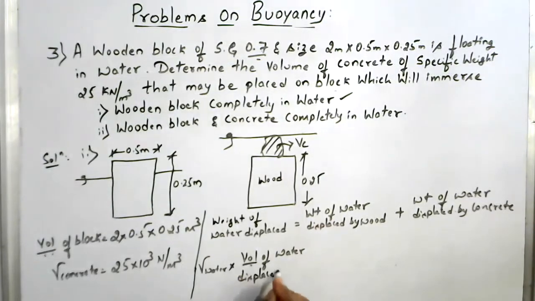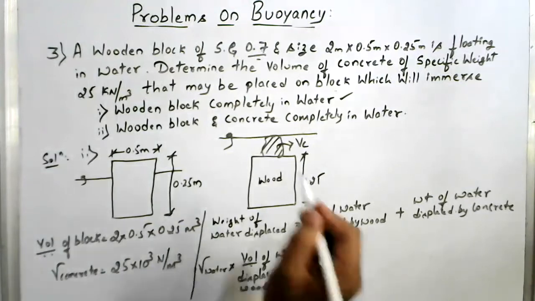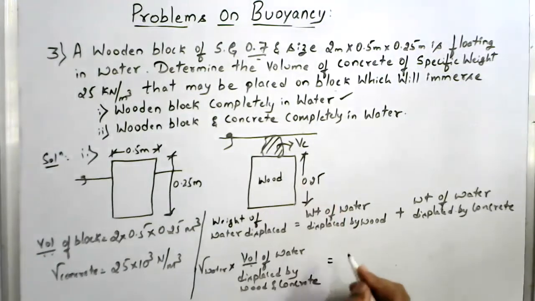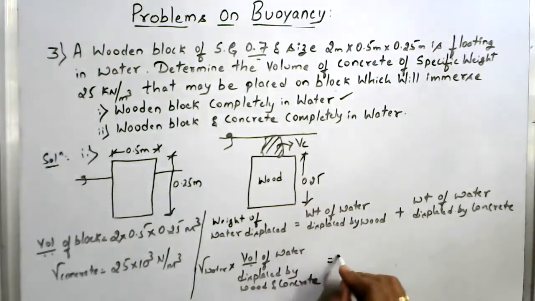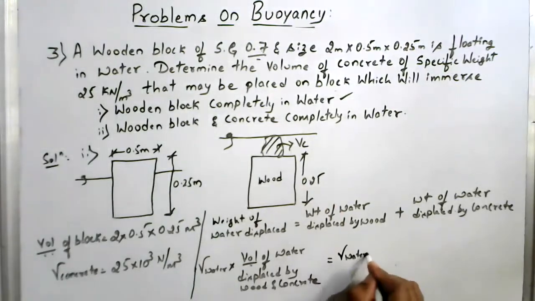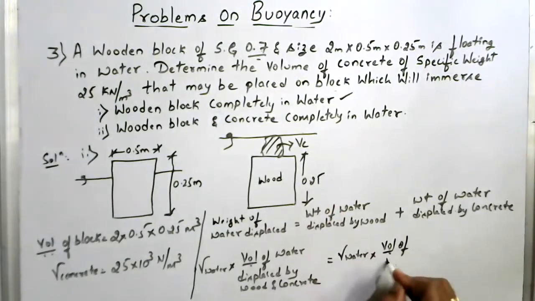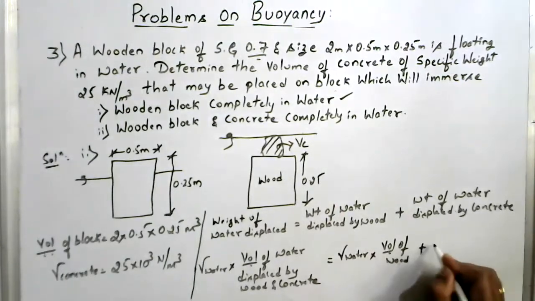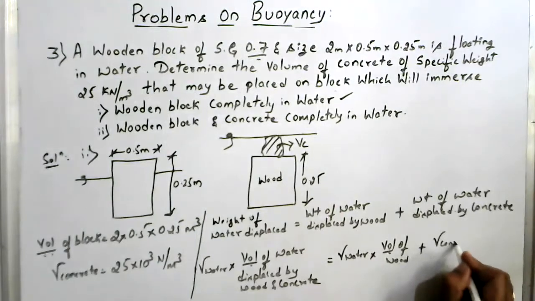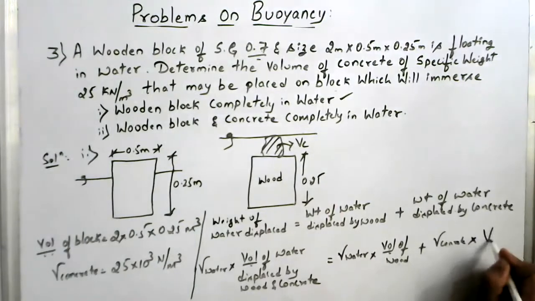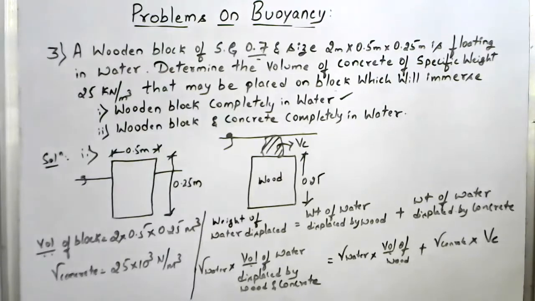It is the volume of water displaced by both wood and concrete, because both wood and concrete are in water. Then the weight of the wood is gamma of water multiplied by volume of wood plus gamma of concrete multiplied by volume of concrete. Correct?